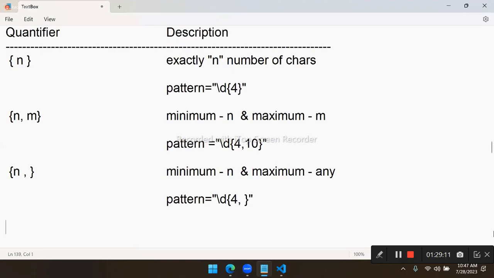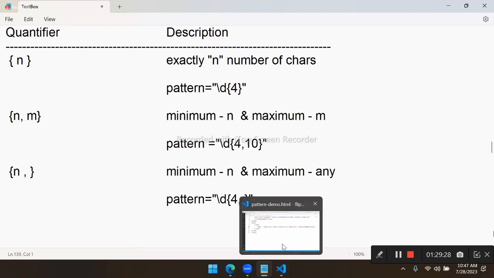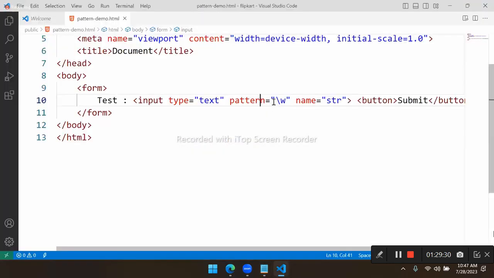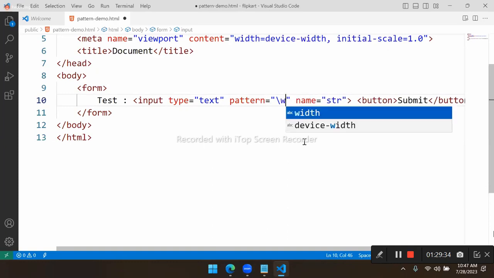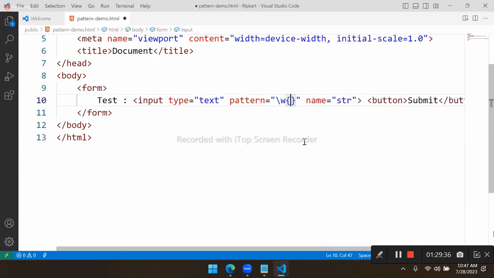This indicates minimum 4 and maximum any number of characters. That is not only for \d. I am just giving a representation. You can use it for anything. For example, I am writing \w and 4 comma 10.